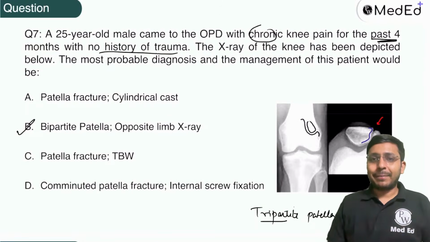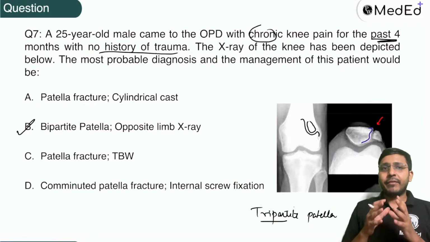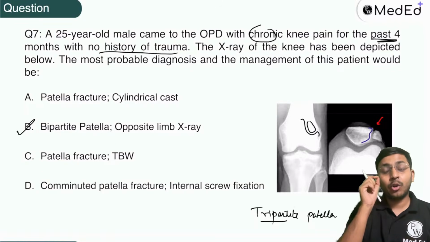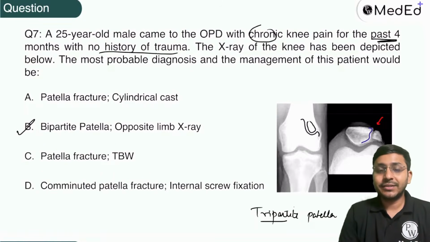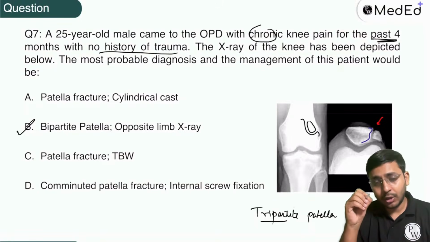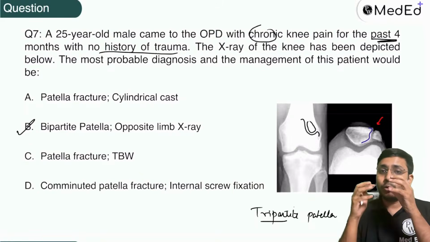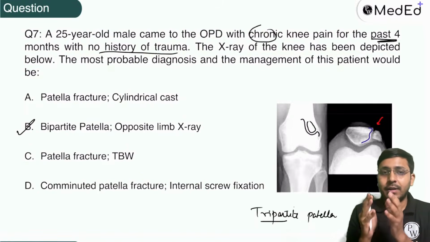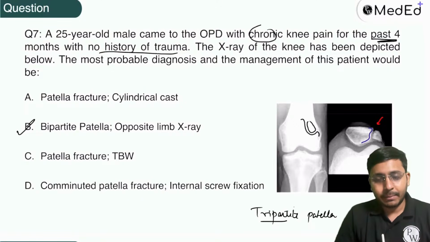So I was at bipartite patella. Normally, when you look at a fracture, you have to see the cortical discontinuity. If you are seeing cortical continuity along the fracture line, that means that they are two separate bones and not a fracture. So this type of patella is known as a bipartite patella.